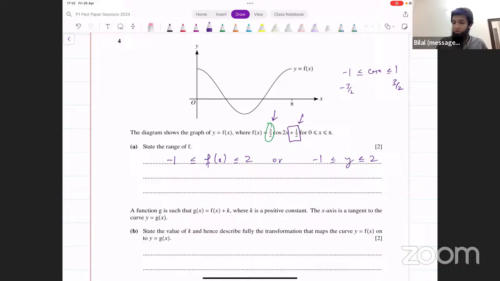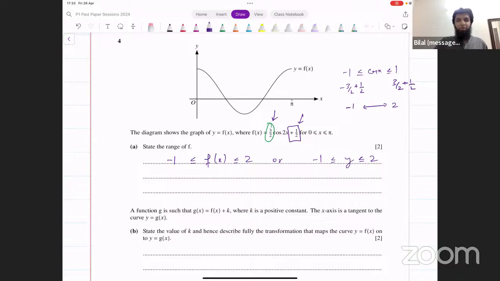And then we add 1 over 2 to both of them. And the final result turns out to be from -1 to 2. Okay? This is one possibility.